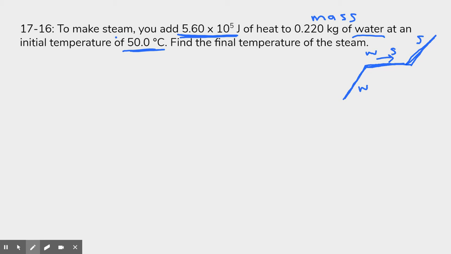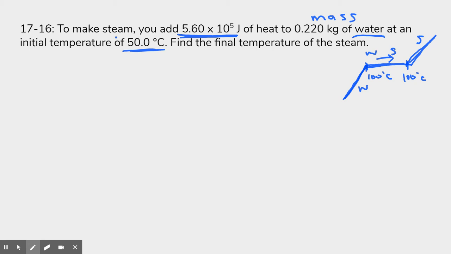So the first thing we need to do is find out how much heat needs to be added to the water to heat it up to 100 degrees Celsius, which is the point where this can begin. So this point would be 100 degrees Celsius. We're still at 100 degrees Celsius here. But we need to know initially how much heat has to be added to get our water to begin the phase change process.